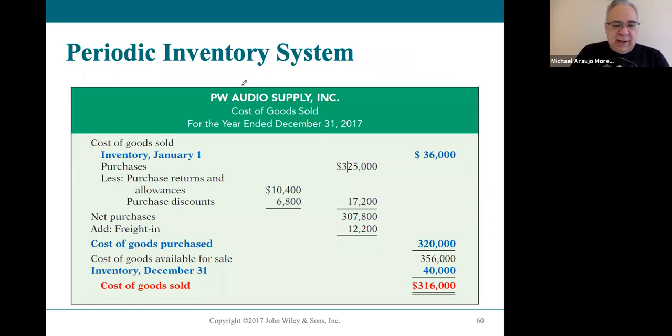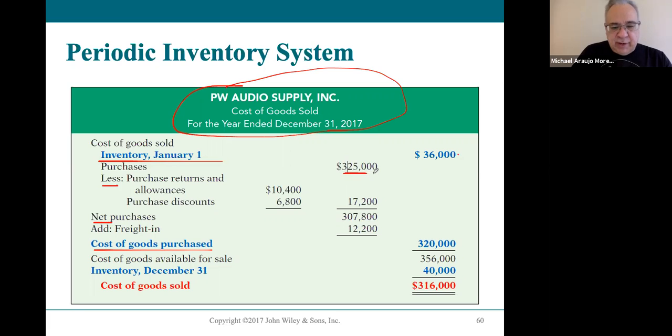This is what it would look like if we were to put it together formally in a statement. You would take the beginning inventory that the company had at the beginning of the period, which in this case is January 1st. You're adding in all of the goods that have been purchased, but notice that purchases have a lot going on, right? You bought a whole bunch of stuff, but then you sent stuff back, right? So that gives you your net purchases.